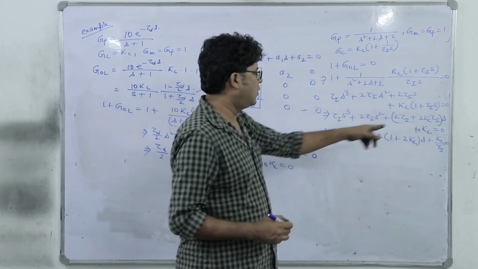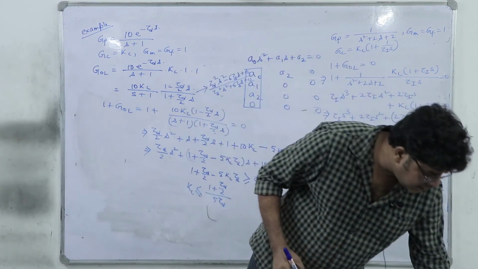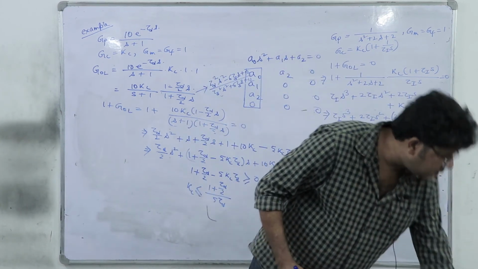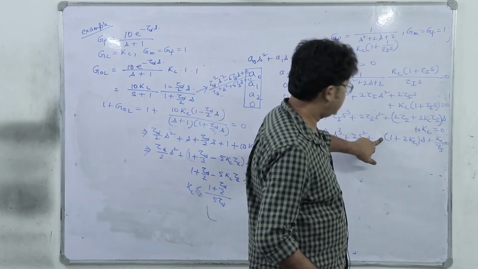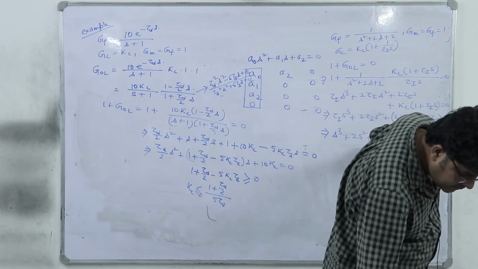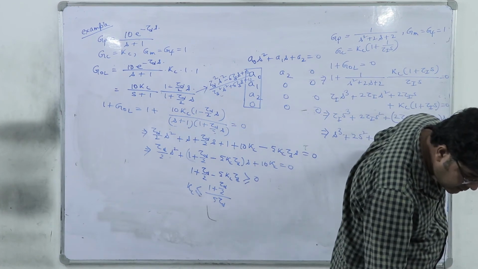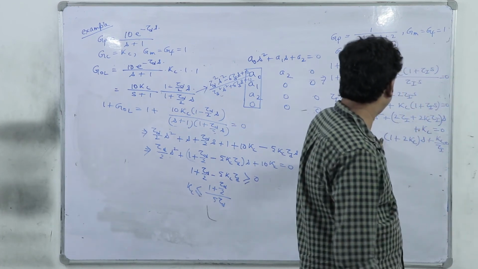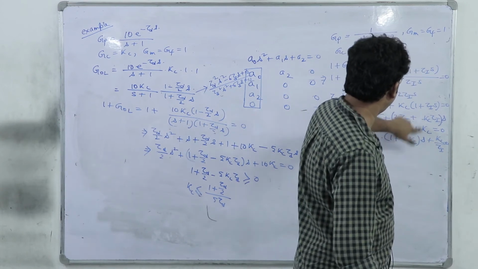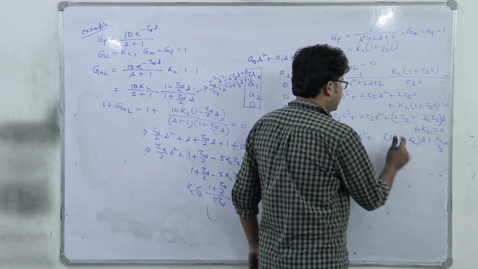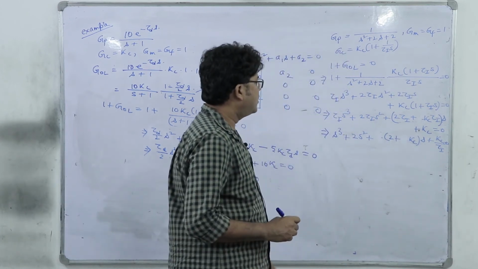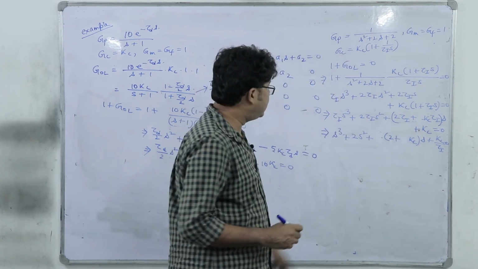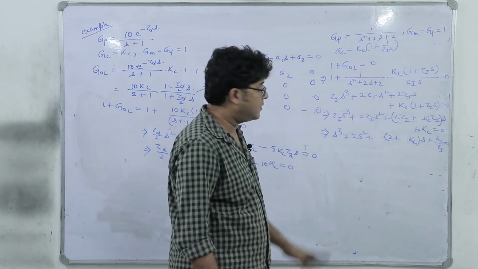Now all these coefficients, just a minute, here there is no 2, so it is 2 plus Kc. So all the coefficients of this characteristic equation are positive.